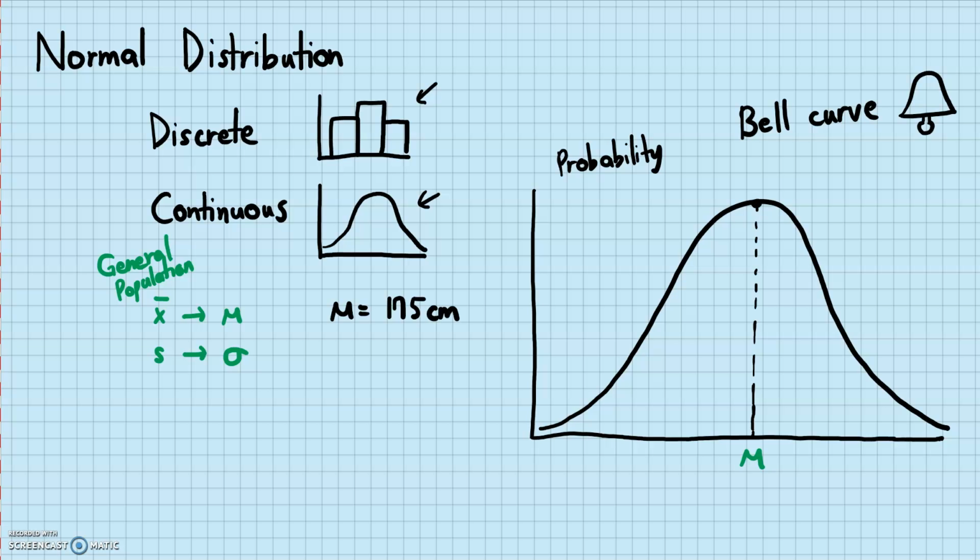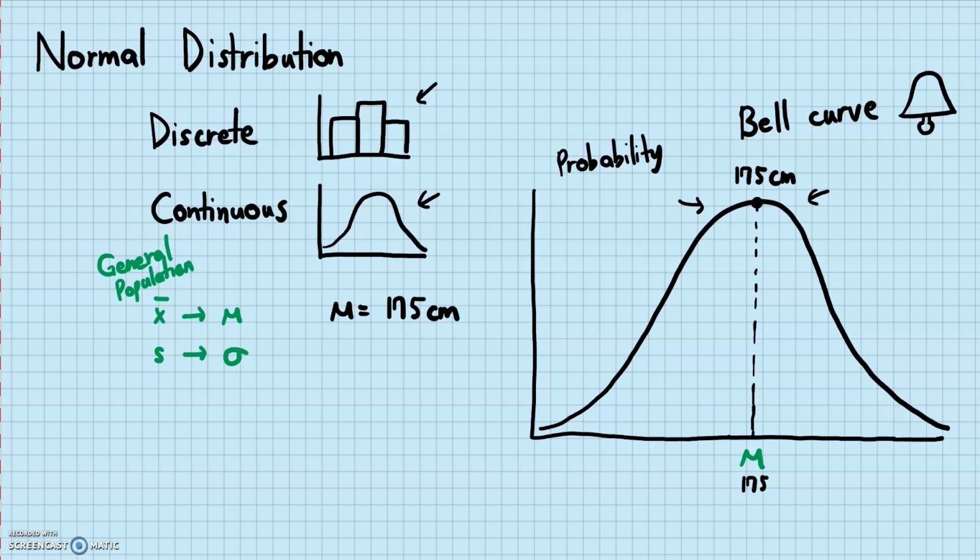Okay, so that means most of the people are going to be 175 centimeters, if that's the mean. And if they're not 175 centimeters, they're going to be something close to 175 centimeters. Okay, so that's why the area around the 175 centimeter mark is fairly large.